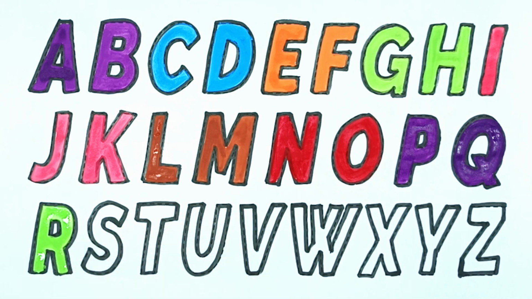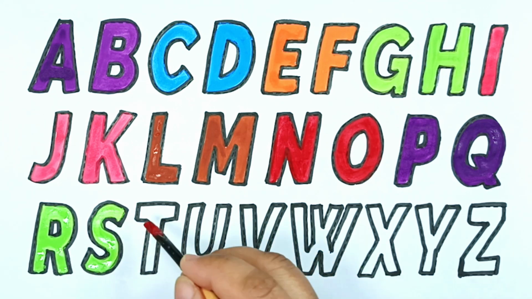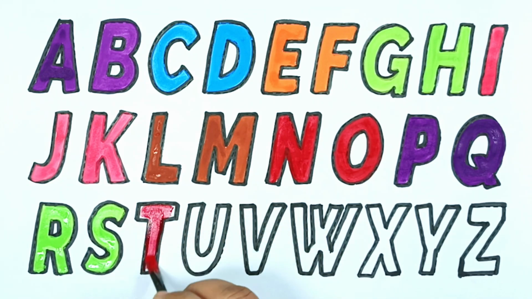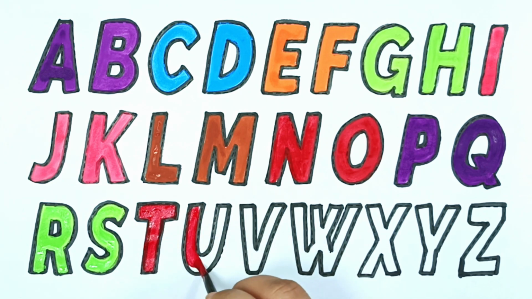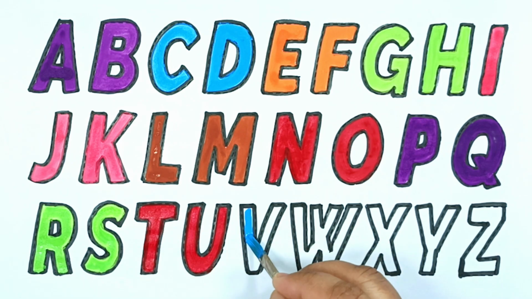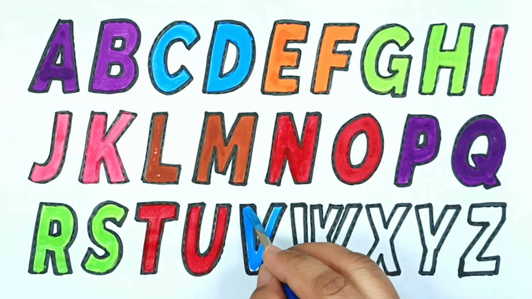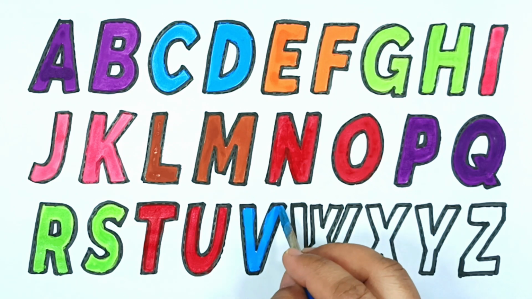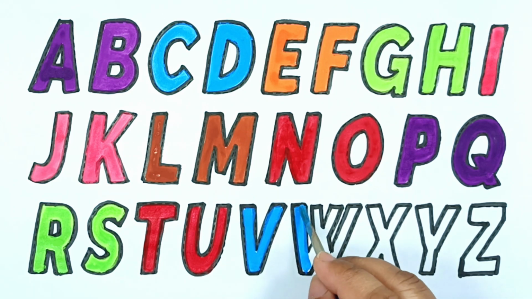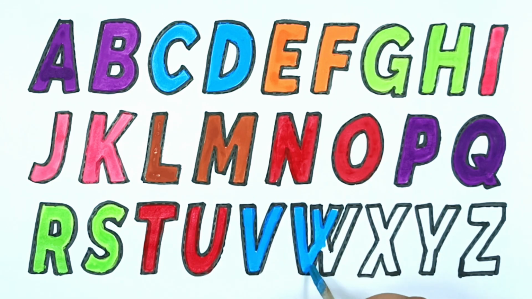R for ring. S for star. T for train. U for umbrella. V for van. W for watch.